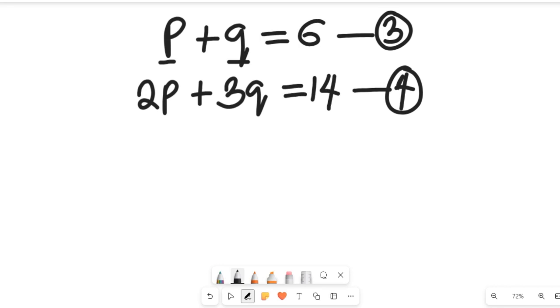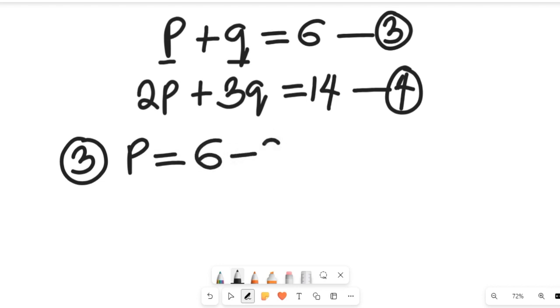You know the reason why I asked you to do that? Because from equation 3, we can let our p be equal to 6 minus q, because if we subtract q from both sides, we'll have p equal to 6 minus q.